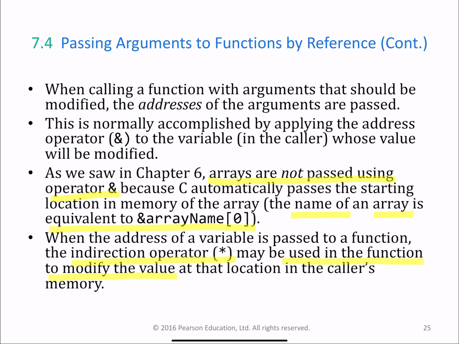This is usually accomplished by adding the address operator, the ampersand, to the name of the variable in the caller function when we're calling a function. And this modification sends the address instead of a copy of the argument, as kind of a local variable.